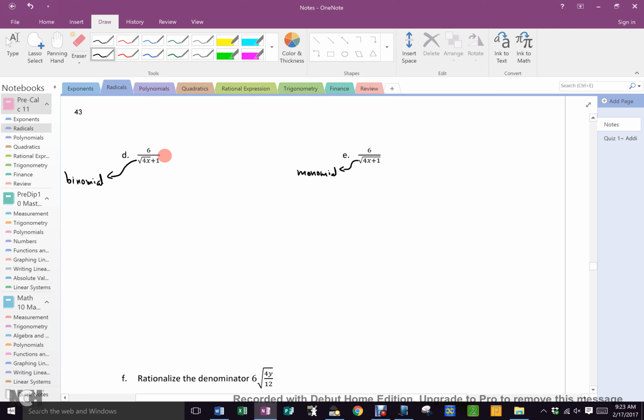So what is the conjugate here? What is the conjugate for D? Root 4x minus 1. And then I've got a FOIL there, don't I? Right? What is the conjugate here?